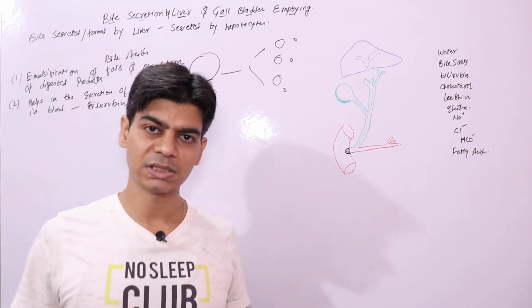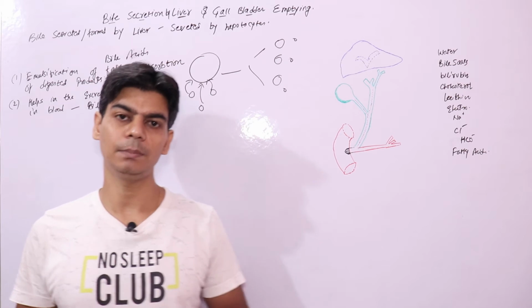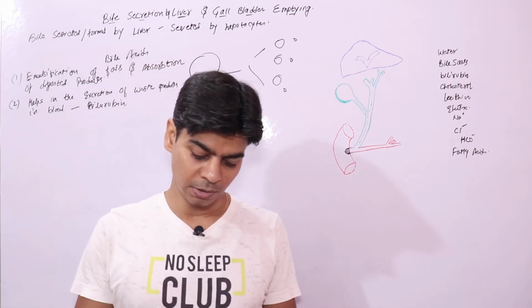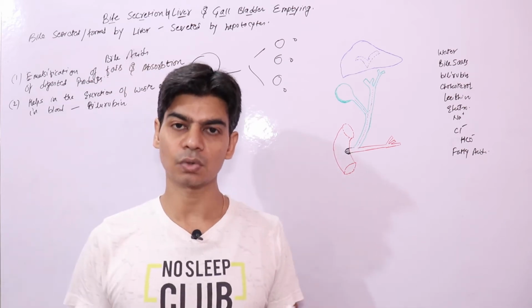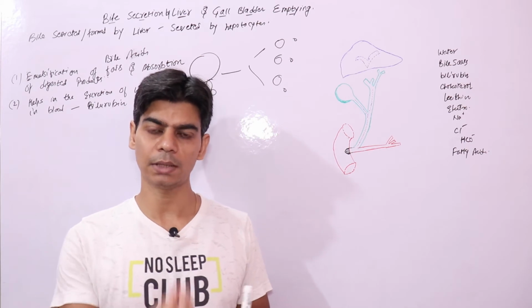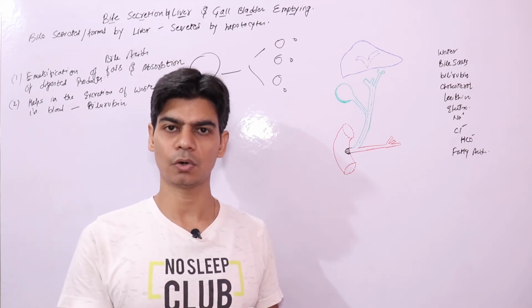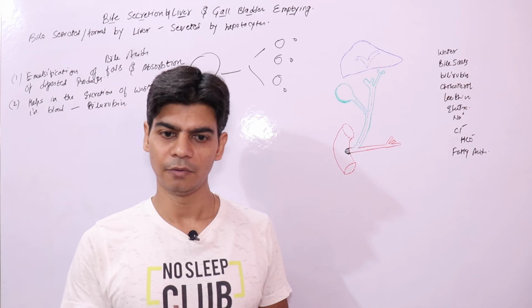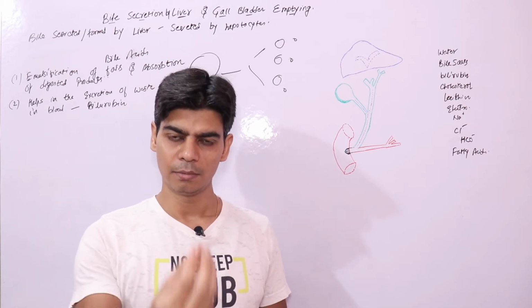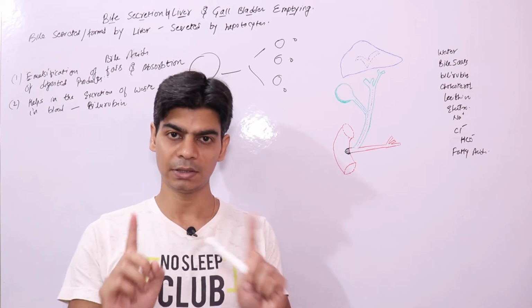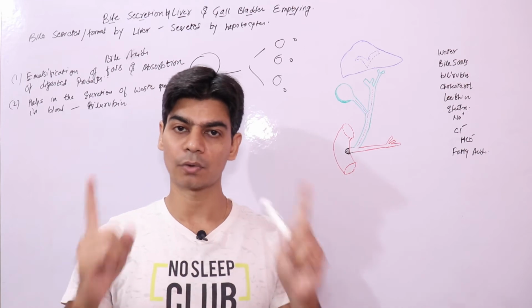When your red blood cells mature and come to the end of their life, they dissociate. We know that hemoglobin consists of a porphyrin ring, where it has iron at the center, surrounded by 4 pyrrole rings.